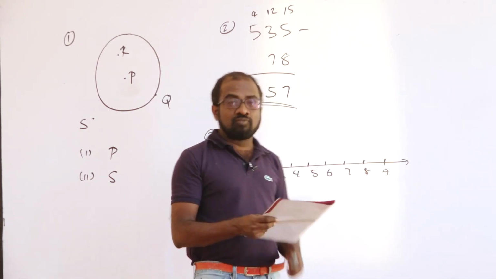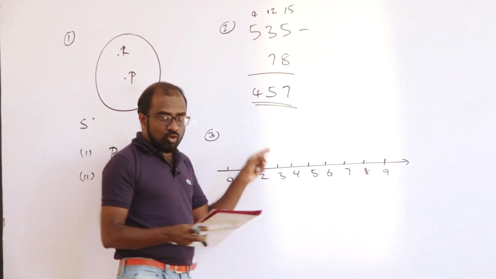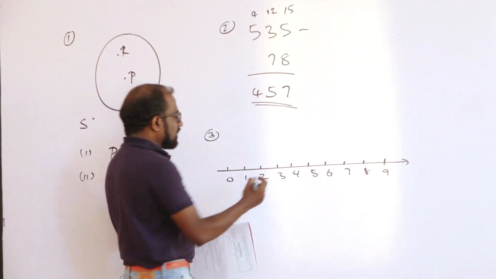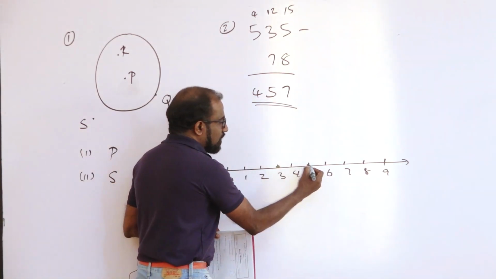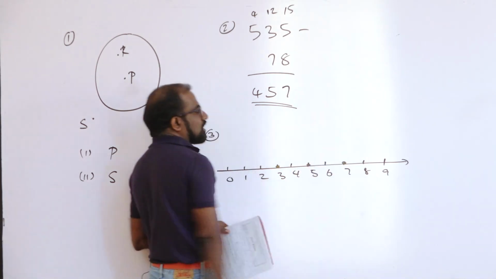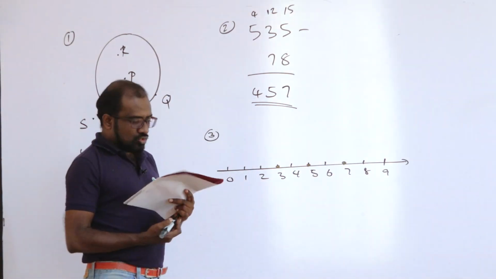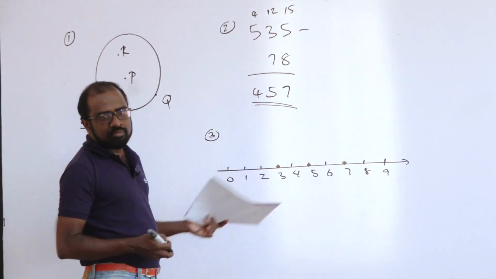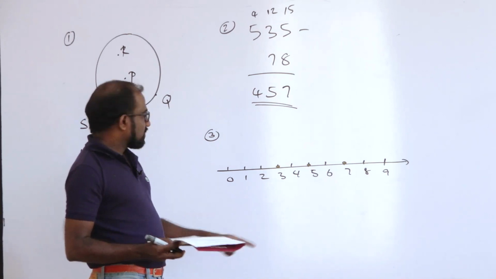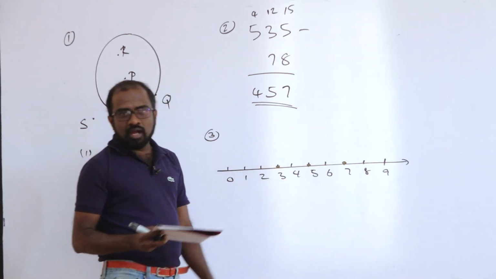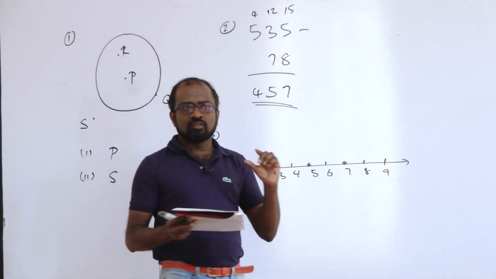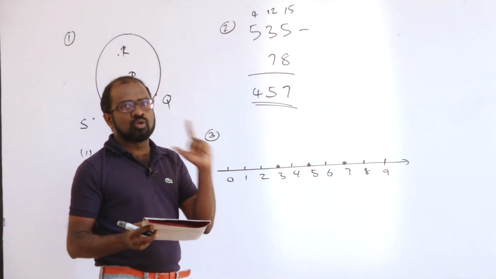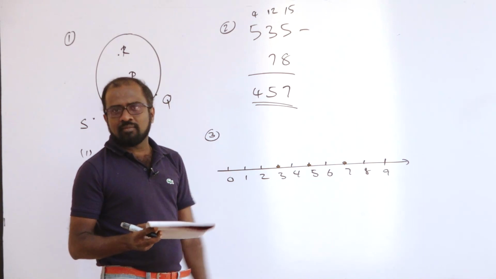So, you cannot take 1 and 9 although they are odd numbers. What are the numbers you should mark here? 3, 5 and 7. That's all you can mark. A lot of children have marked 1 and 9 also. Between 1 and 9, do not mark 1 and 9.